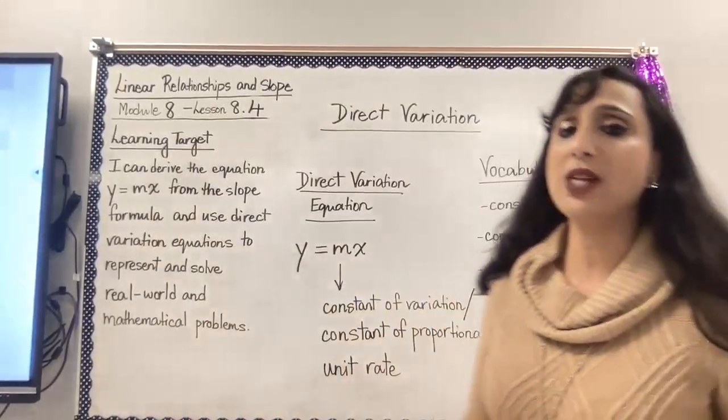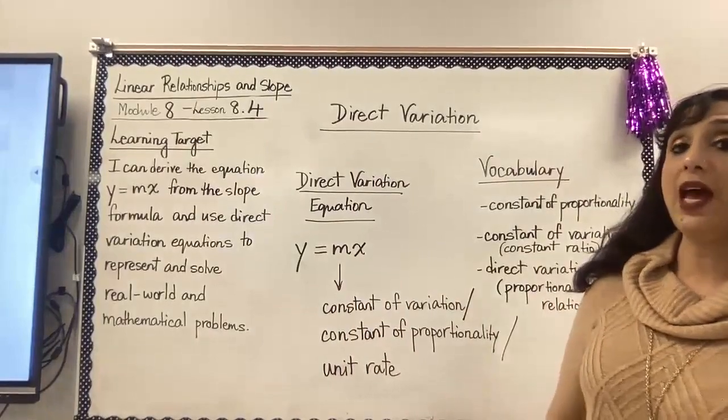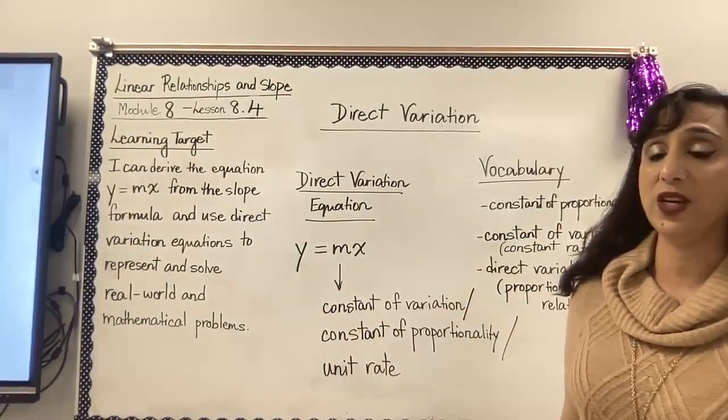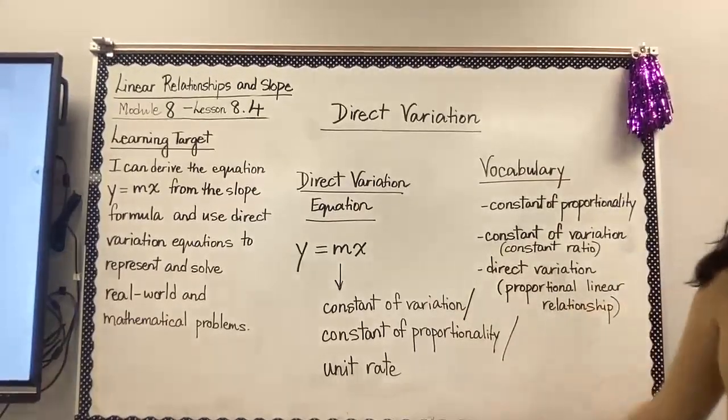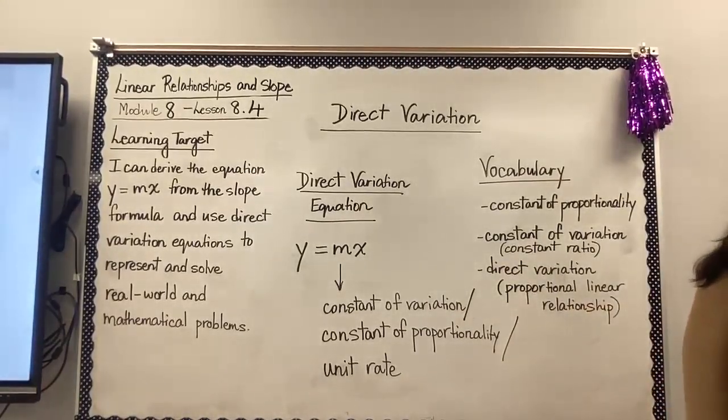So I've written out an equation, and that's the direct variation equation, which is y = mx. So let's quickly talk about what these terms actually mean. When the ratio of two variable quantities is constant, a proportional linear relationship exists.